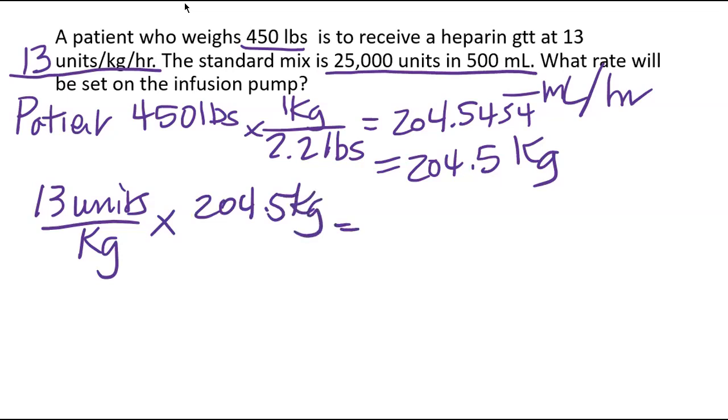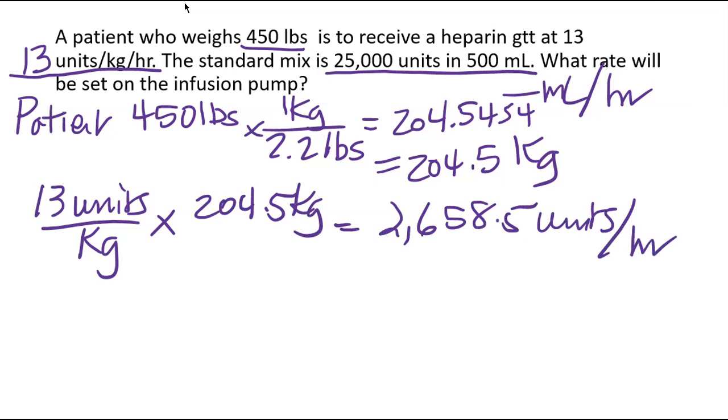So you take 204.5 times 13. That's going to give you a ghastly number, 2,658.5, and that's going to be units. Because we've gotten rid of kilograms, that's going to be per hour. So that's what we're starting with, units per hour.